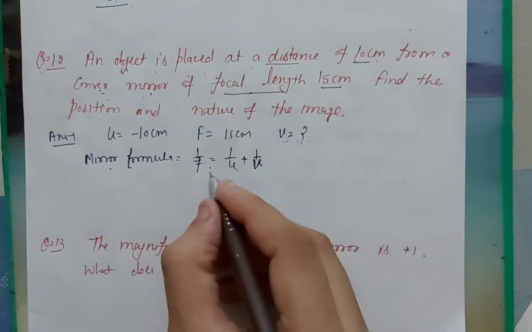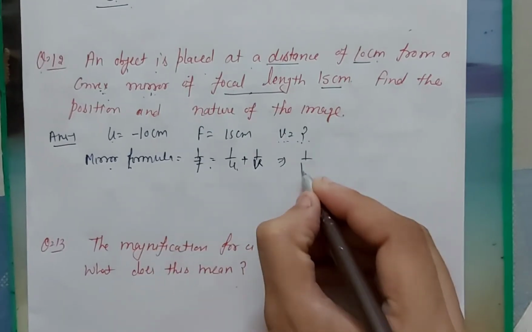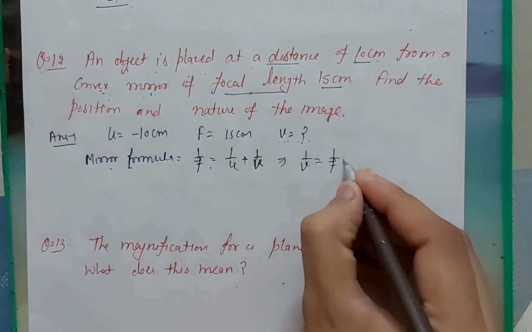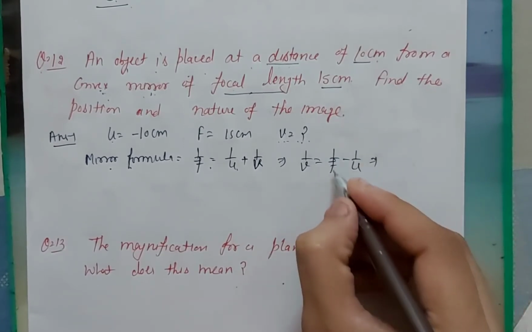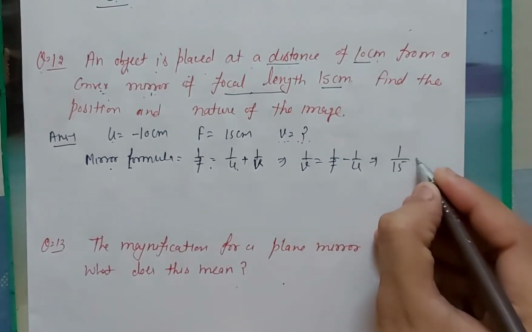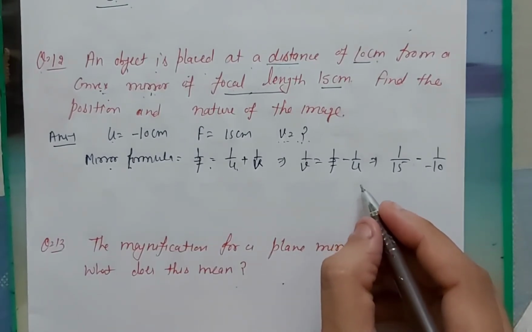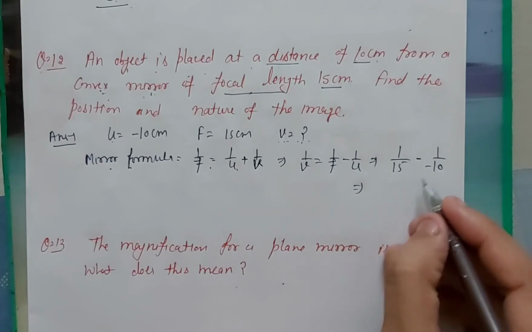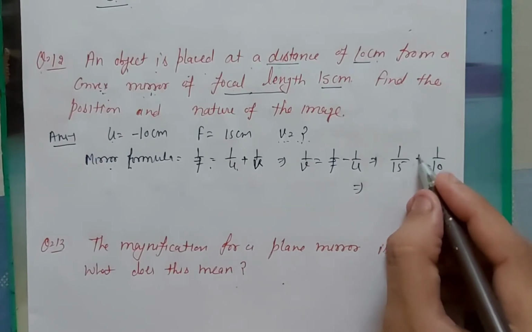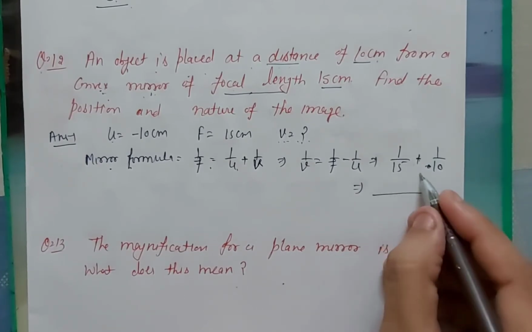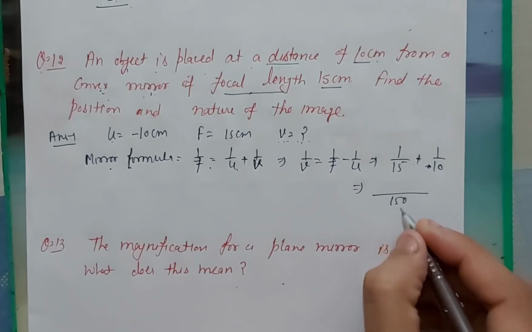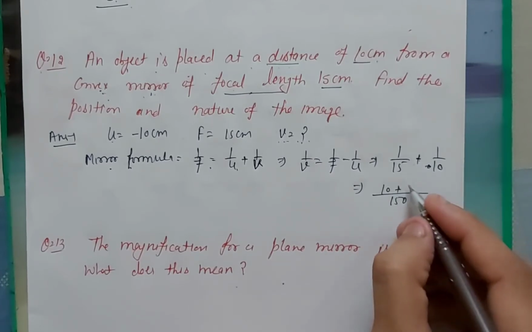So we can write 1/v is equal to 1/f minus 1/u. So f is given 15 minus 10. Okay, now solve it. This minus cancel and will become plus.